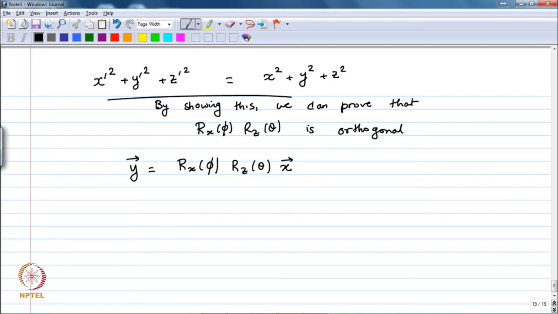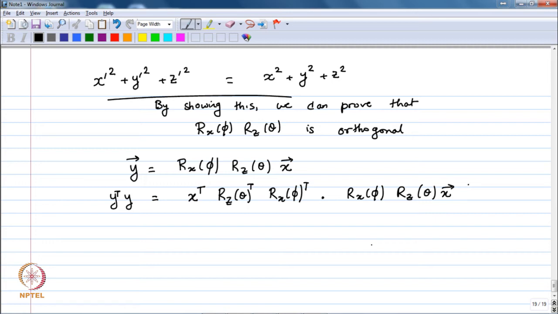And what you need to show is that y transpose y, thinking of y as a column matrix, is equal to the transpose of this whole thing. When you take the transpose, you have to take it in the opposite order. So, it is x transpose r z theta transpose r x phi transpose times r x of phi r z of theta x. Okay. So, this is y, and this is y transpose.